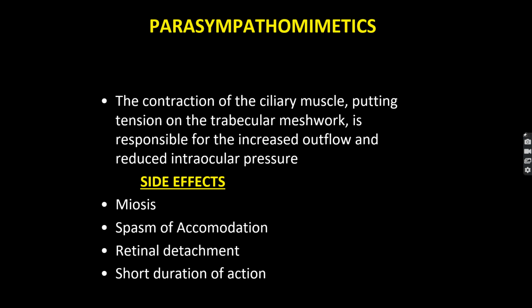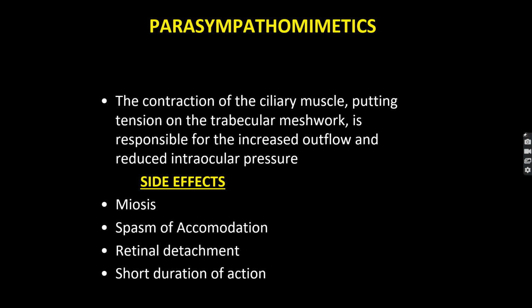But the worst side effect of pilocarpine is number one, that it causes miosis. The pupil is extremely constricted. So it becomes very difficult, although, as you know, primary open angle glaucoma is more in older people and they may have a bit of cataract in their eyes.